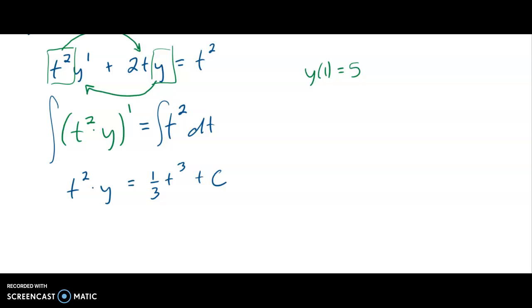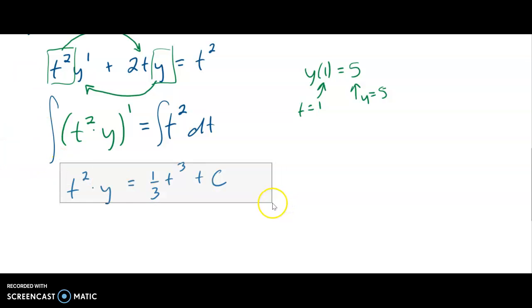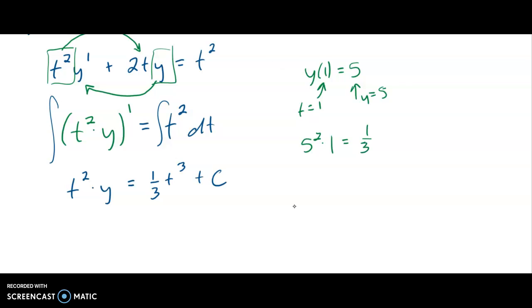So, all right, so this is the y value, y equals 5, and this is the t value, t equals 1. So I'm going to plug that into all the different spots in this equation, and figure out what c is. So when I do the 5, I get 5 squared times 1, equal to 1/3 times, oh, whoops, I did that backwards.